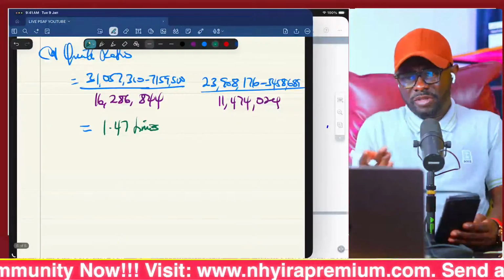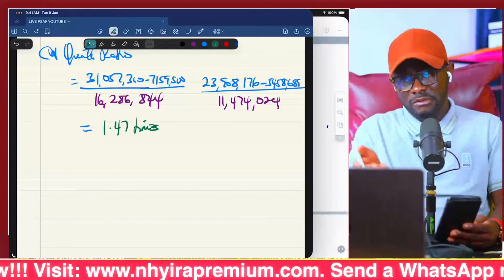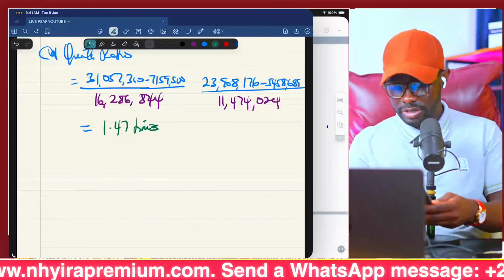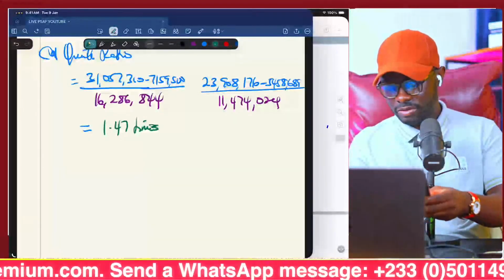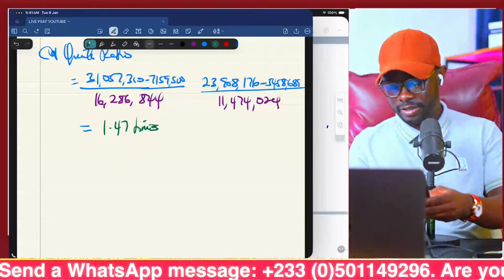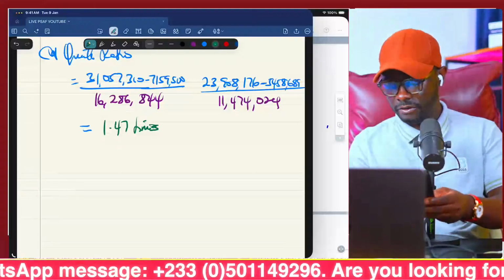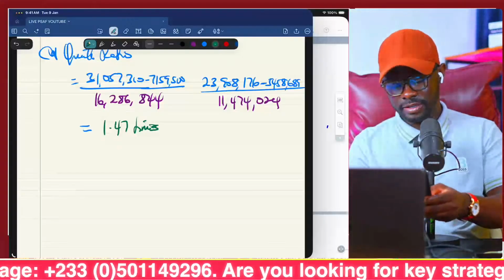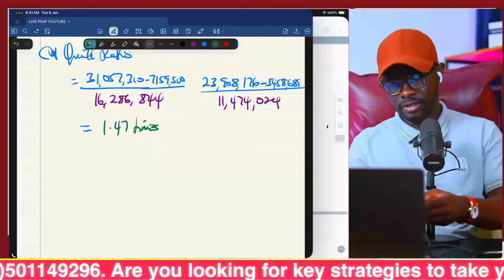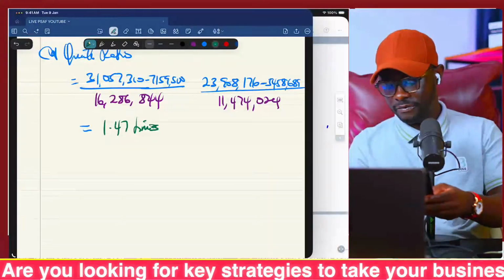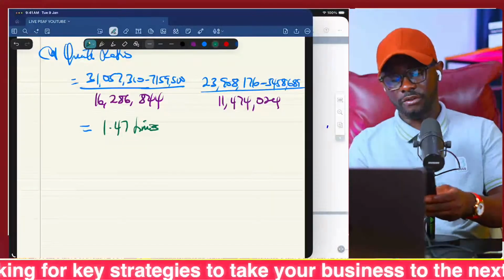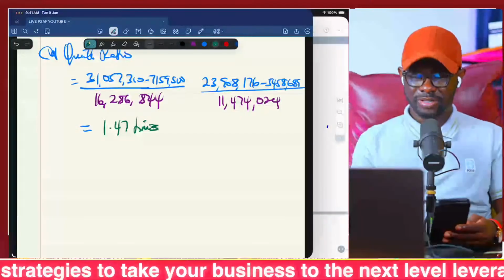That's above 1, because you know the threshold is above 1. So above 1, it could be considered good. Bolgatanga: 23,908,176 minus 5,458,689 divided by 11,474,24. And that is 1.61.